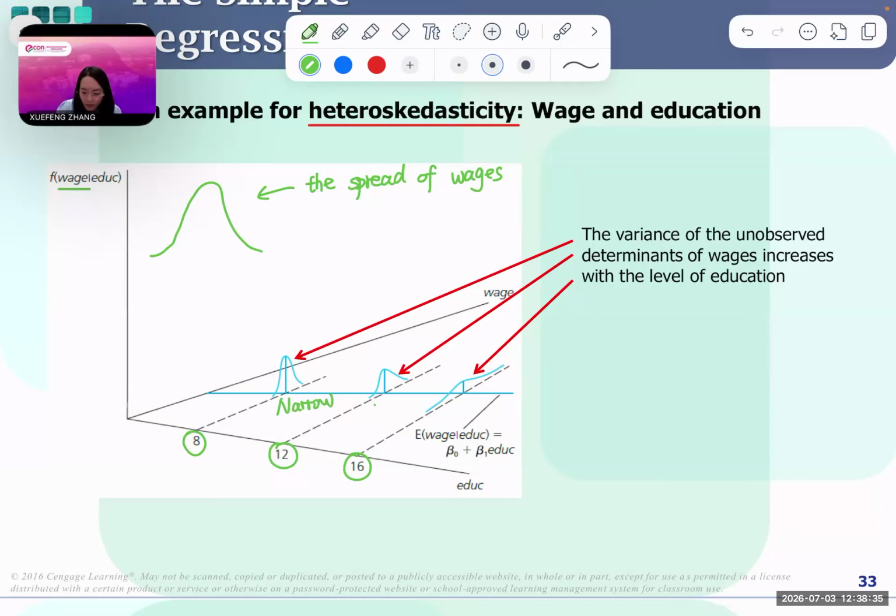At 12, it's medium. At 16, it's wide. Sorry, it's wide, not wild.